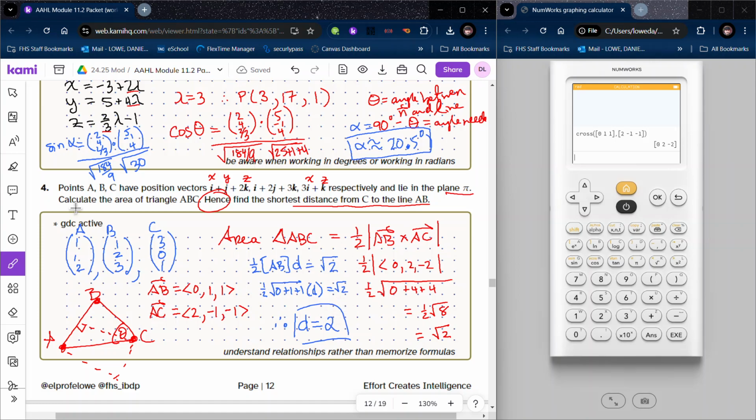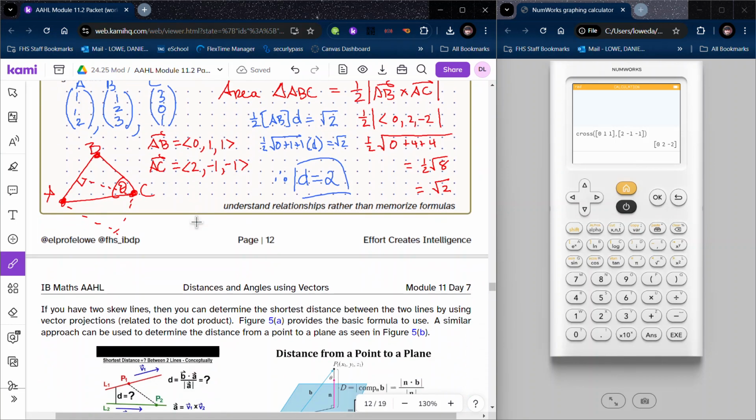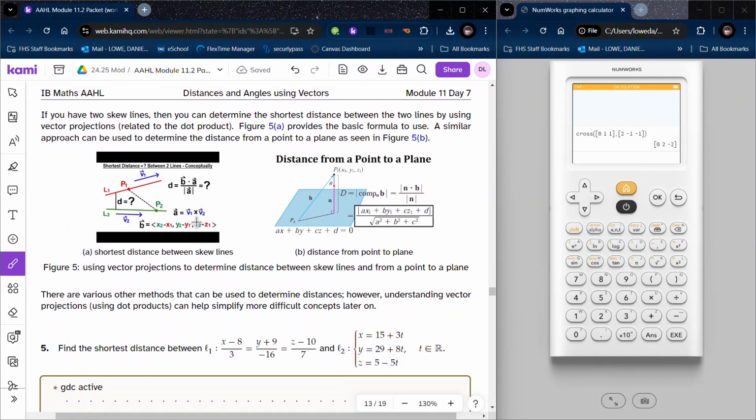Let's look at another question involving distances. Common things for distances is going to be the idea of having right angles. What's nice about having right angles is that we can find a distance in a variety of ways. If we have skew lines, we can figure out the shortest distance between two lines by using vector projections. Let me just draw this off to the side.